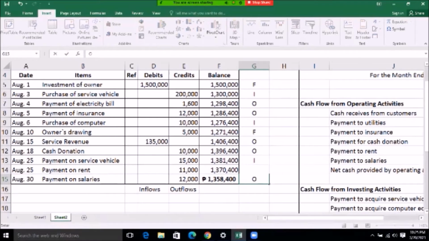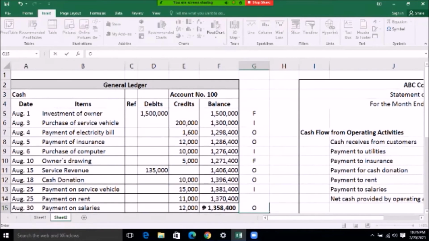So, alright. That's why pinresent ko po sa inyo kanina yung mga inflows and outflows ng classification of activities. Dapat po aware tayo doon at naintindihan para po pagdating sa statement of cash flow, madali na lang po natin classify. To be visible enough, kulayan natin yung mga na-classify natin. For example, lahat ng financing activities, kulayan natin ng yellow.